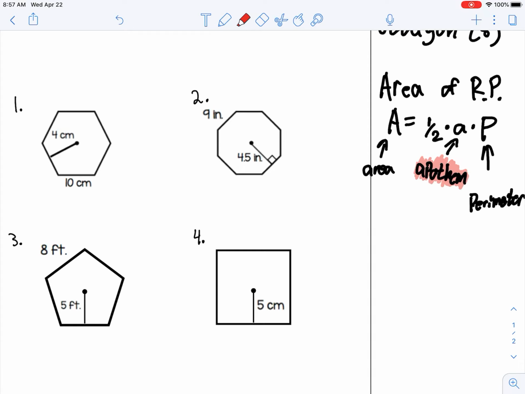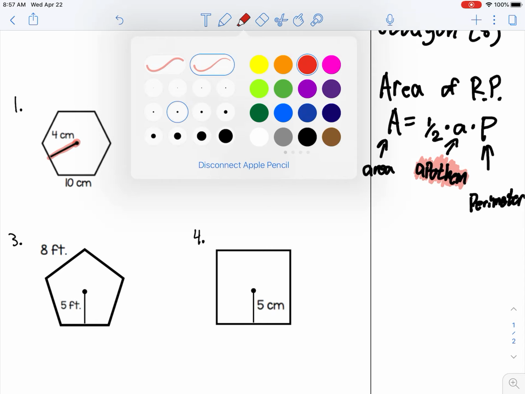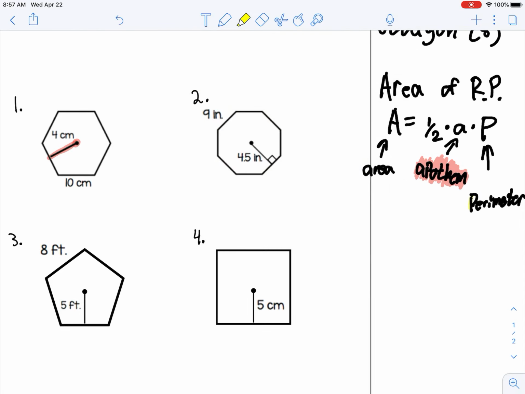In example 1, see this dot in the center and the line that goes to the edge? That is the apothem. Next we need the perimeter. I was already given the apothem. It's 4 centimeters. What I like to do to show my work is have my variables off to the side.